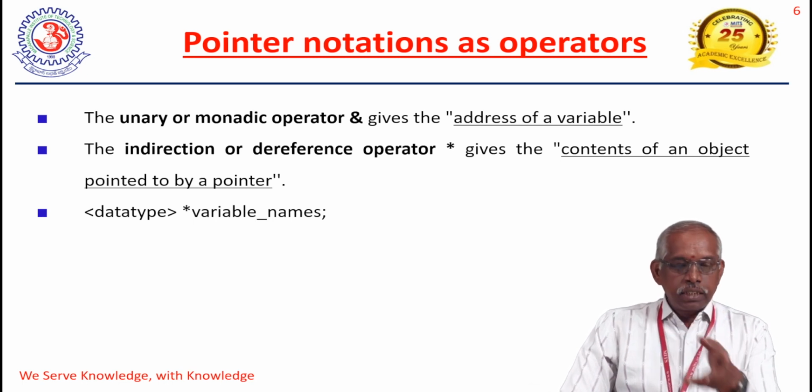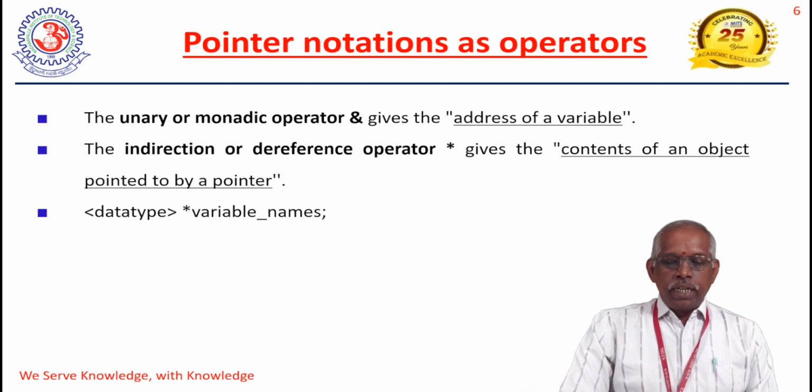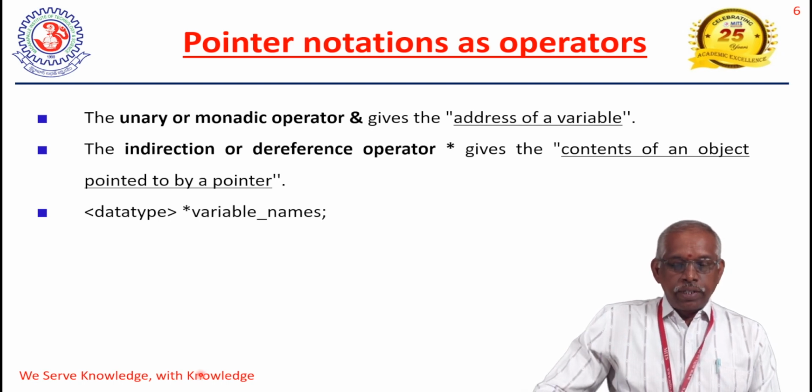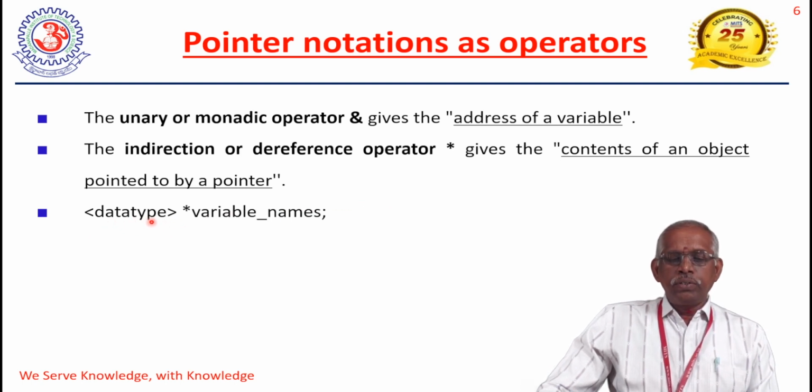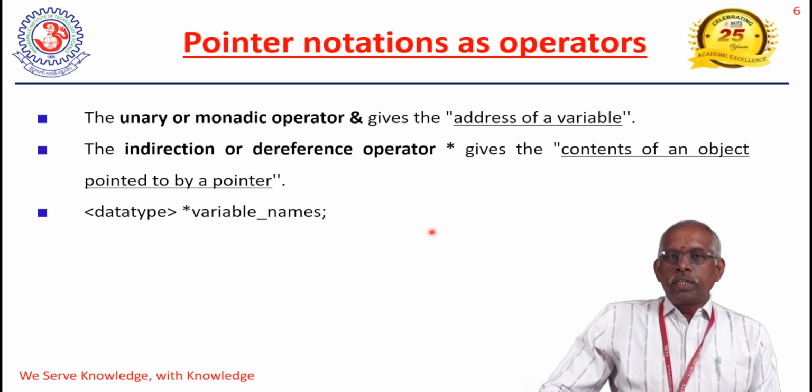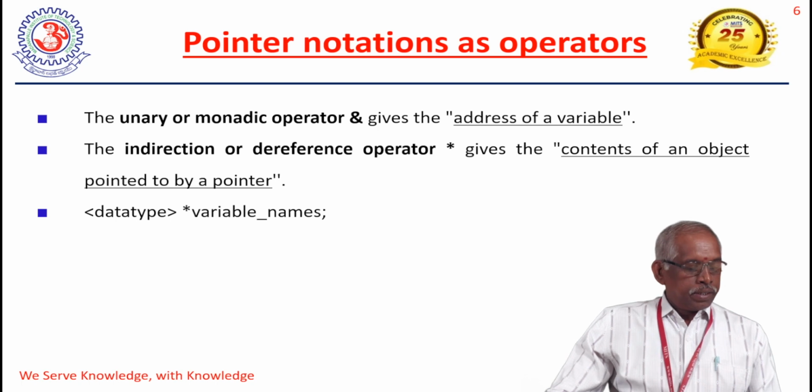That is the declaration model in the last line. So first the data type, what type of data we are going to create the pointer for, then the variable referring to the pointer name, prefixed with the star symbol, the asterisk symbol. So this is the way to create the pointer.